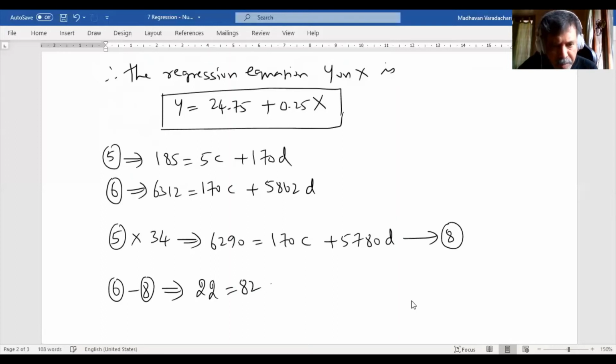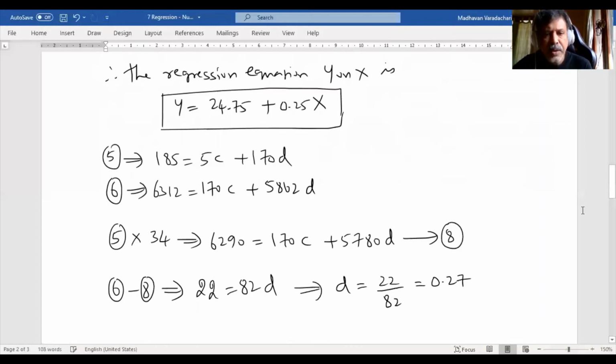So 82 times D, which means our D value is 22 by 82. We get 0.27. That is our D value.